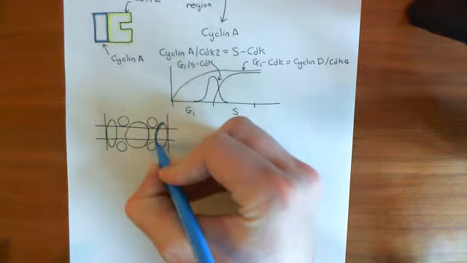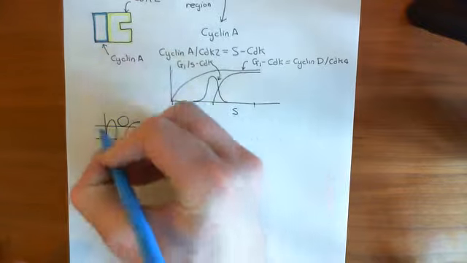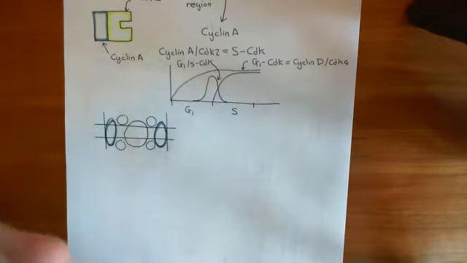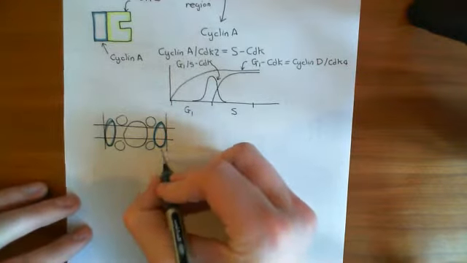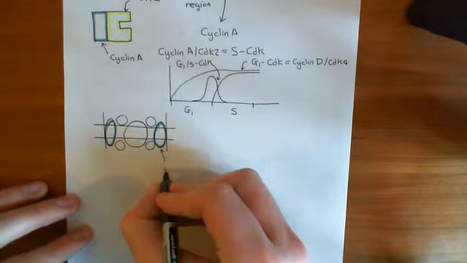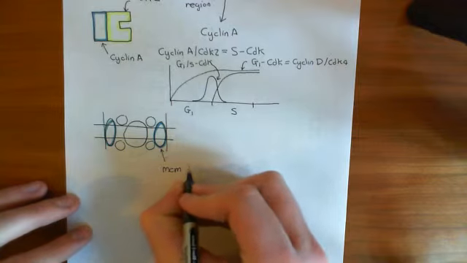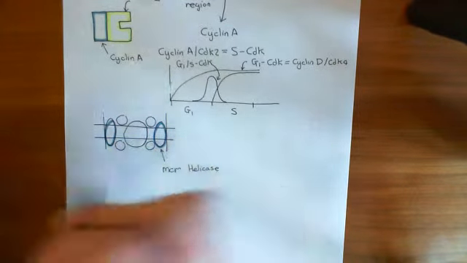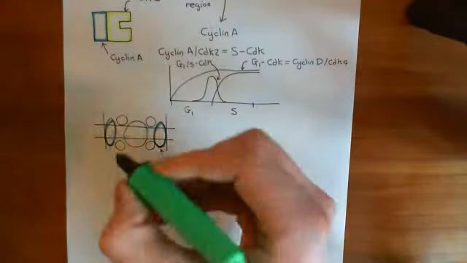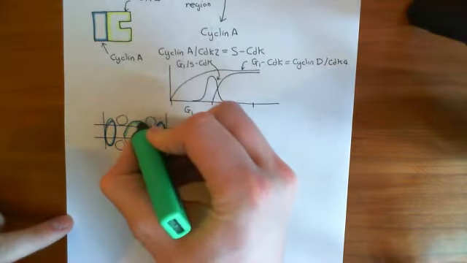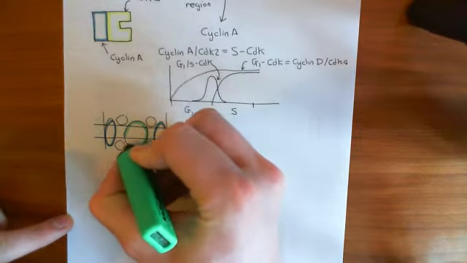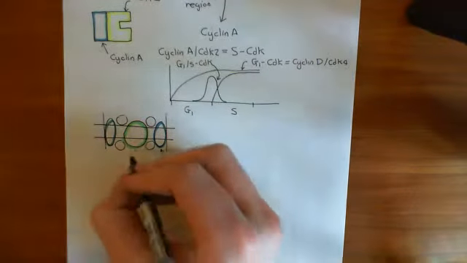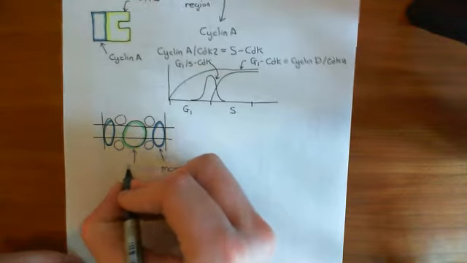So let me just color everything in and label it. In blue, we have this MCM helicase here. Then in the center, we'll color in the origin recognition complex, or this ORC protein, which was the first protein to bind when we formed this pre-replication complex, and it recognizes the origin.